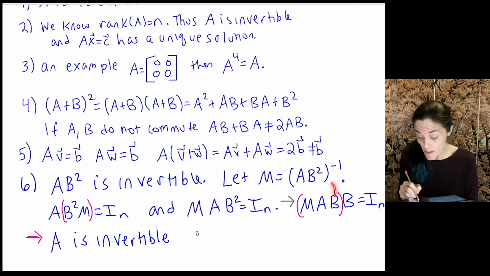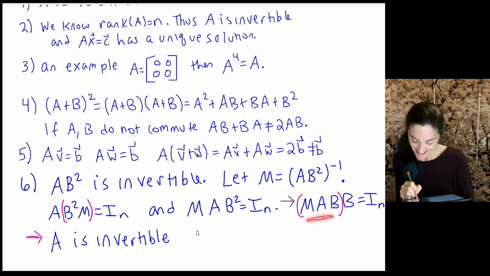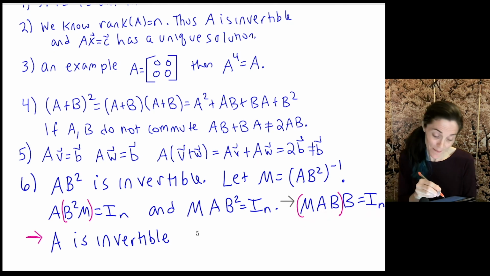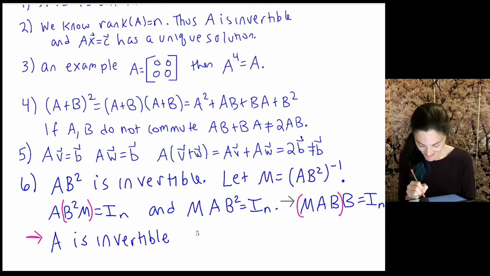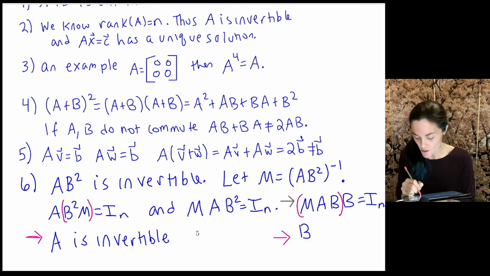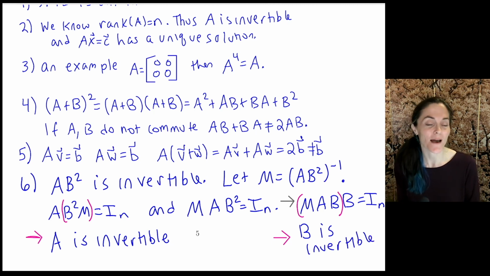Now you see MAB is an n by n matrix, and this times this n by n matrix is the identity. Therefore, this gives us that B is invertible. We get B is invertible, and in fact, its inverse is MAB. This was realizing 6 was true, just thinking about invertibility.